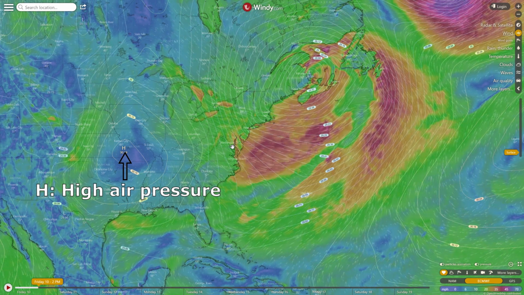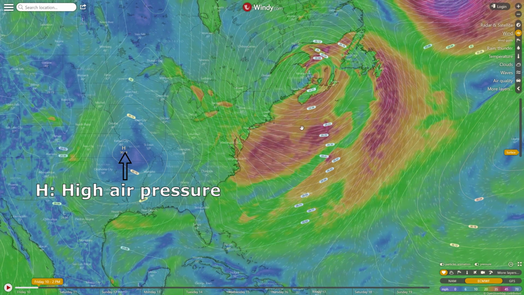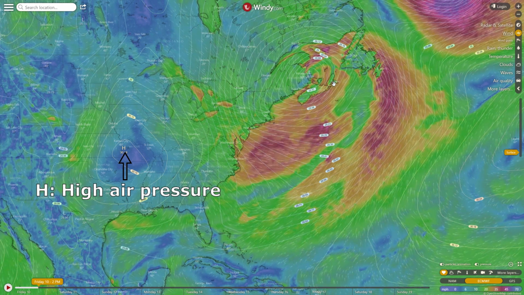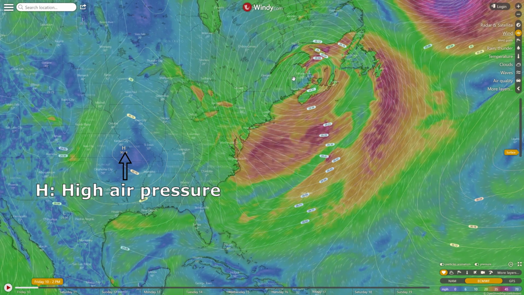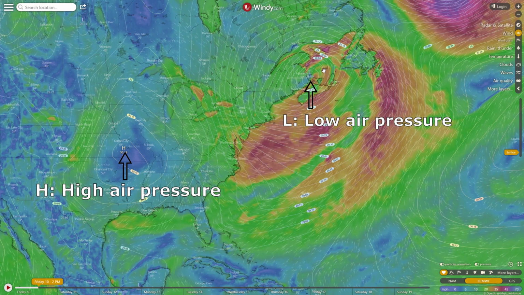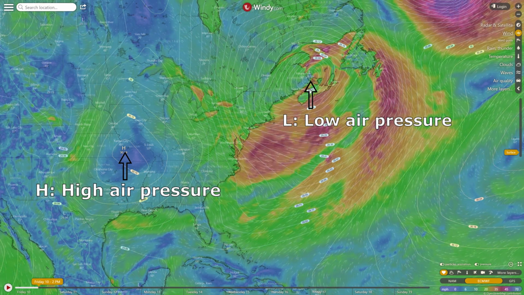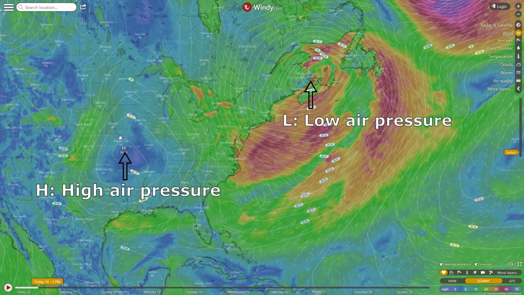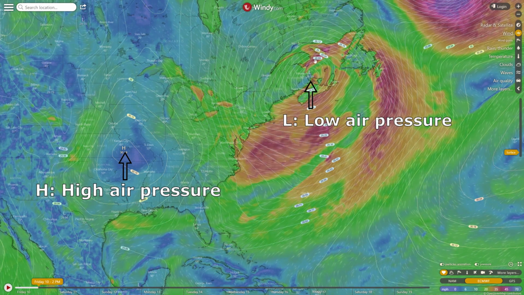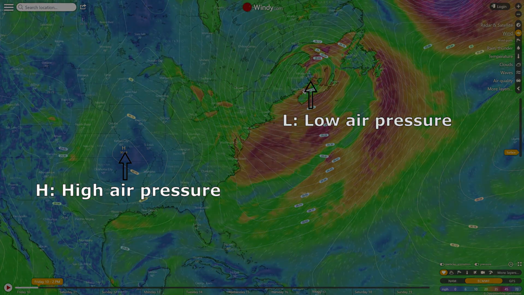They cross our city, Washington, and then they keep going out into the ocean and then swirl up north into this area of low air pressure. What is air pressure, and why does wind flow from high air pressure to low air pressure? Let's go to the whiteboard.